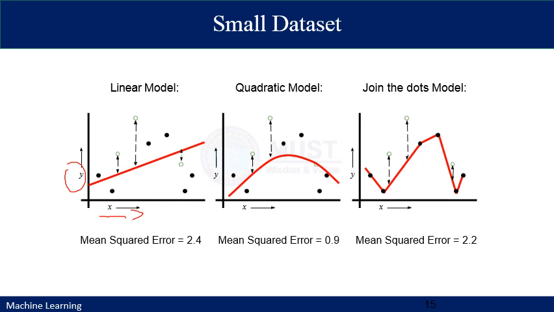We picked a simple model, which is a linear model, a slightly complex model, which is a quadratic model, and an extremely complex model which maps all of the training examples, and let's name it the join the dots model. It's just a name.